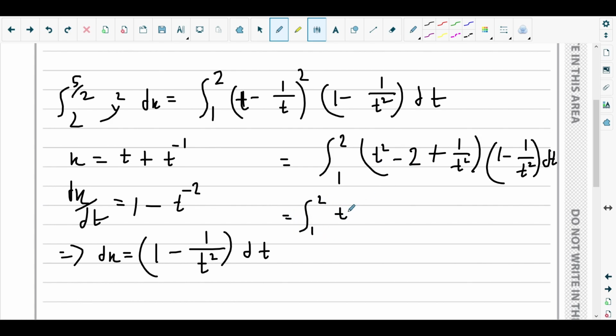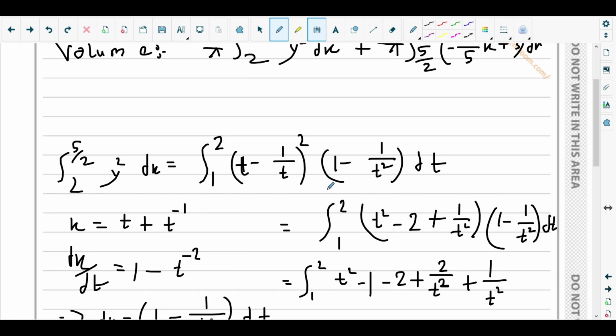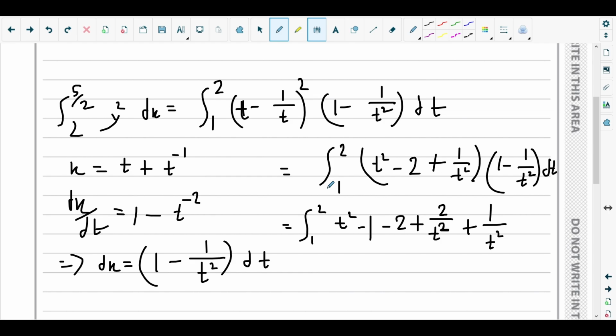So you'll get t squared, negative 1, negative 2 plus 2 over t squared, and then plus 1 over t squared, plus 1 over t squared, and then we will get 1 over t squared times negative 1 over t squared. That would give you negative 1 over t to the power 4 dt. This is the expanded form.